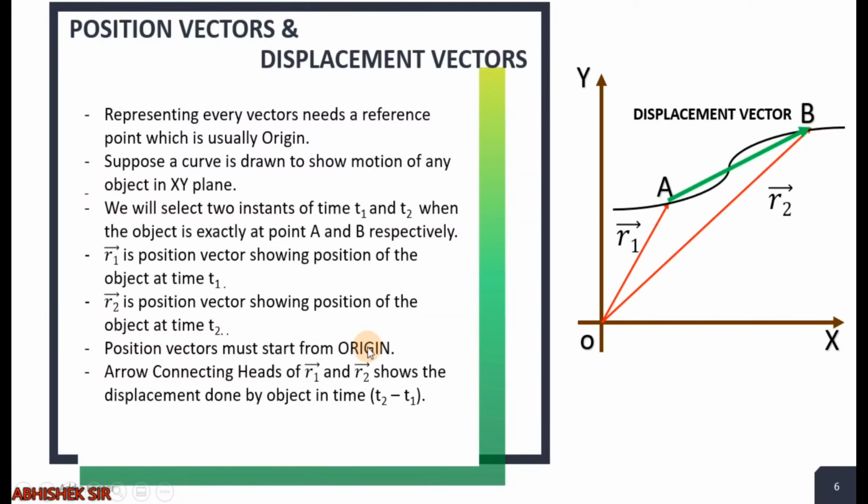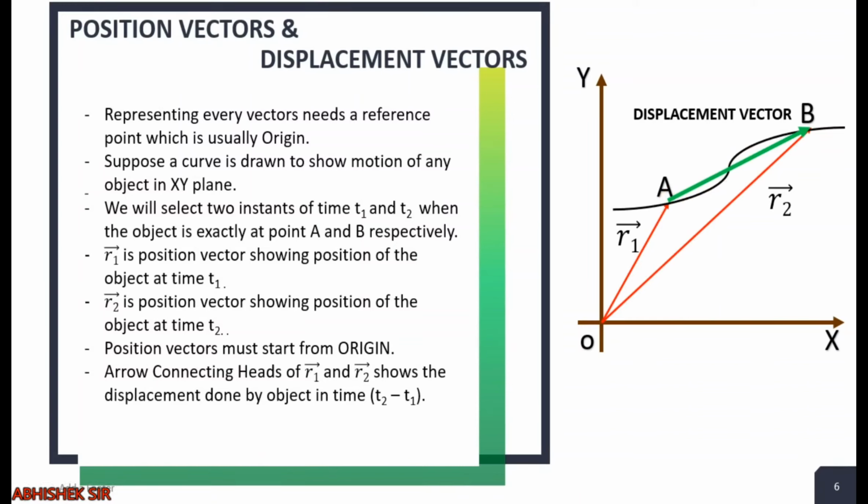Now position vector must start from origin till the point which we are finding. And now pay attention to the green arrow. What does this mean? This is joining the heads of two position vectors. So in short, from A to B we have drawn a straight line which determines the shortest distance.